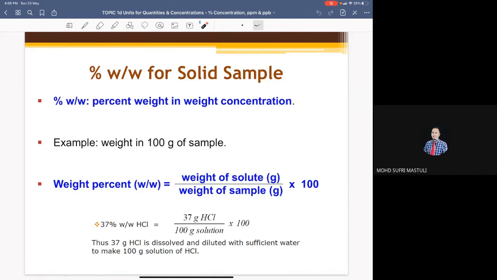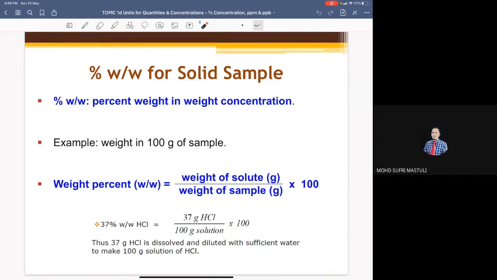In order to calculate, weight per weight is the weight of the solute in gram divided by the weight of the sample in gram, times 100. For example, 37% weight per weight hydrochloric acid means that this solution contains 37 gram of HCl in 100 gram of solution.